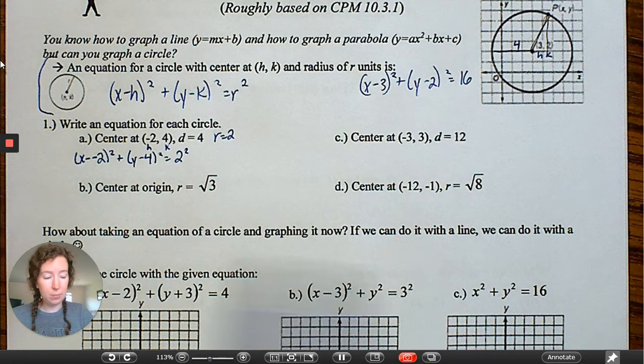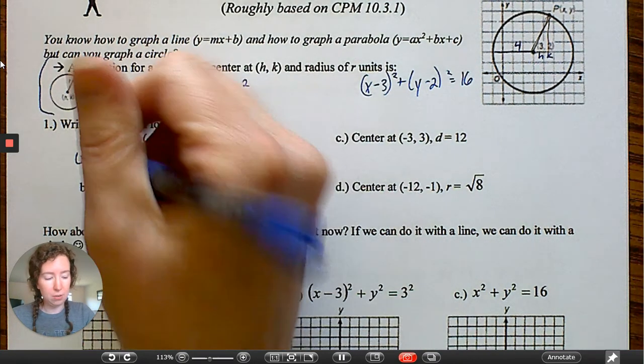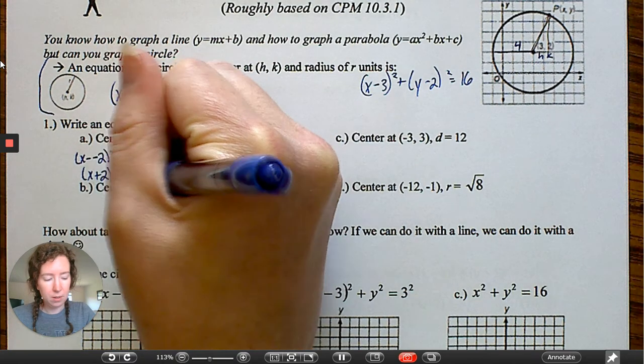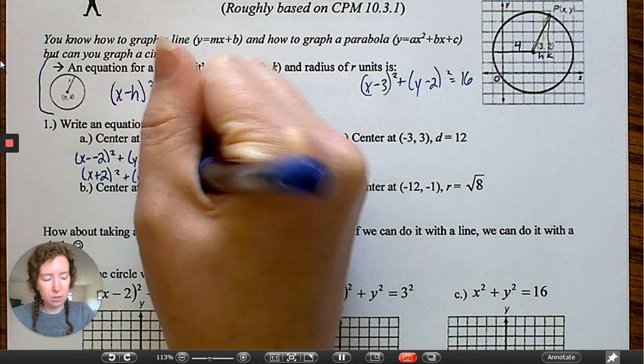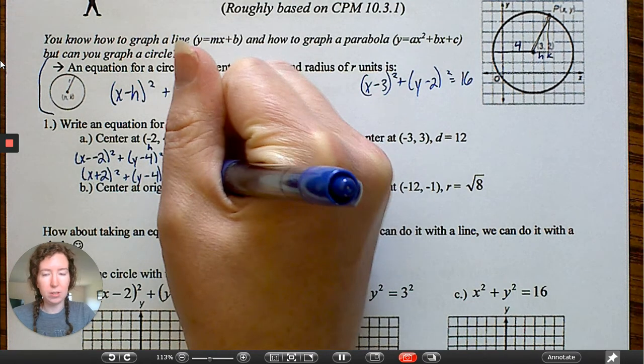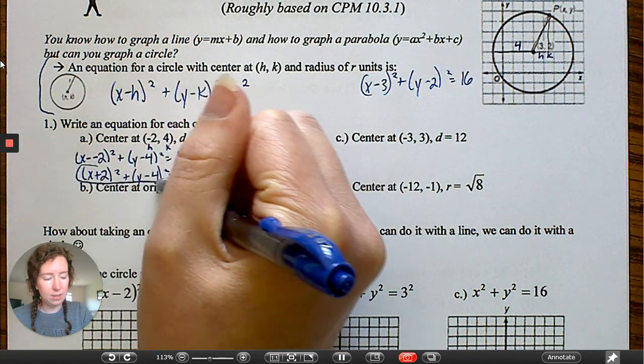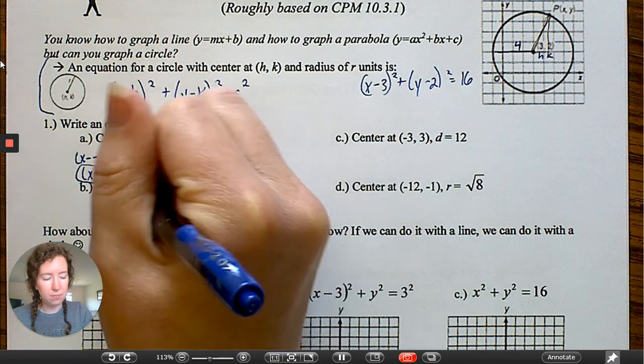Now, the only thing I'm going to simplify is if there's a double negative, I'm going to turn that into a positive. So it's really (x plus 2) squared plus (y minus 4) squared. And then I'm just going to simplify 2 squared is 4. And that is our equation.